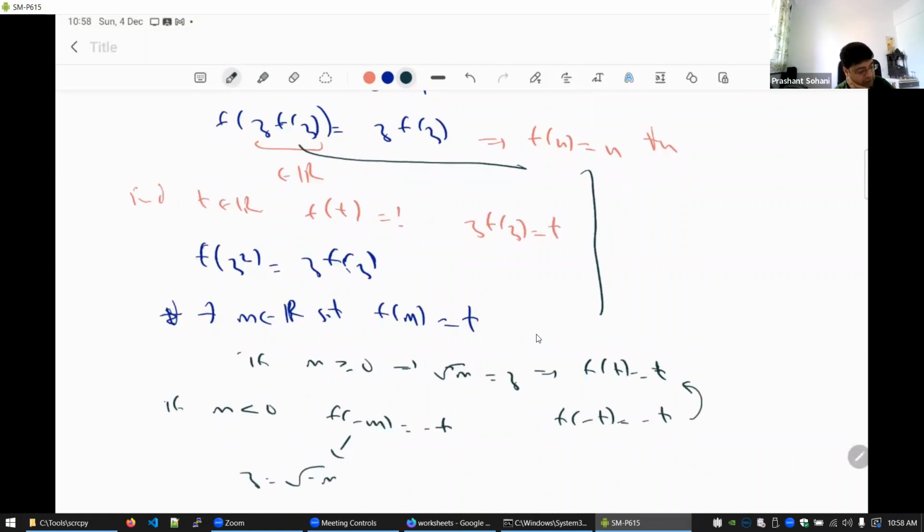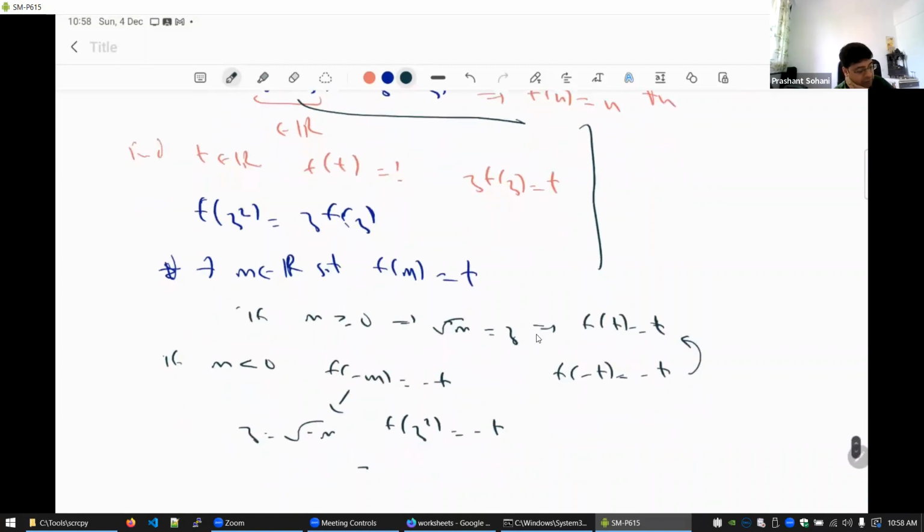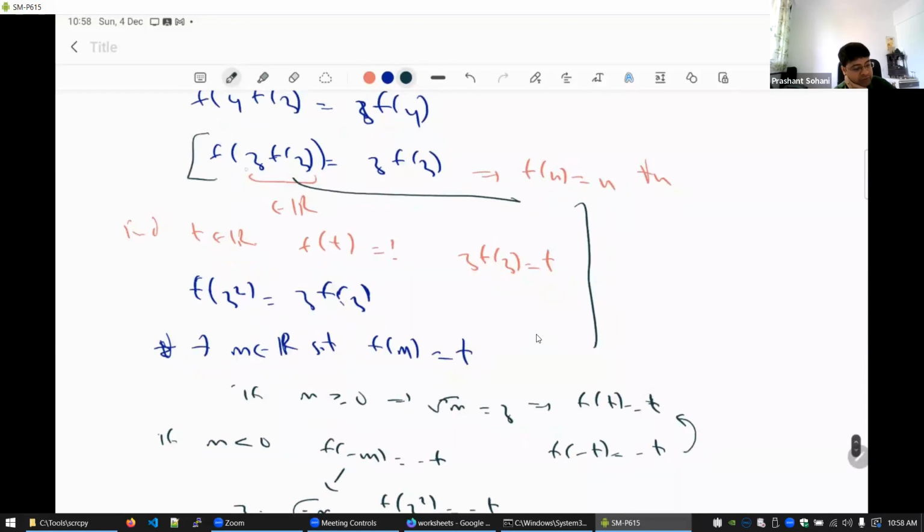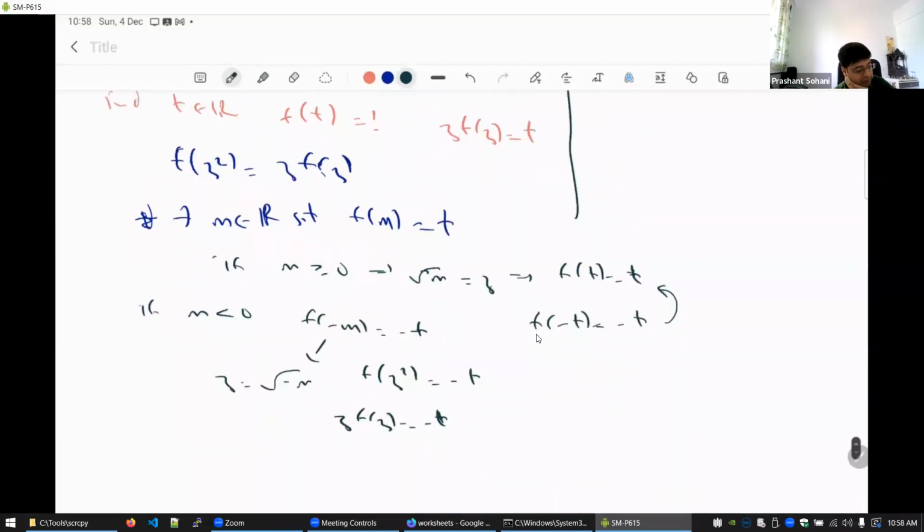Therefore, f of z square is equal to minus t, and f of z square is nothing but z f of z. So z f of z is equal to minus t. Substituting z f of z in this expression, f of minus t is equal to minus t. And once f of minus t is equal to minus t, then knowing that f is an odd function, it will imply that f of t is equal to t.